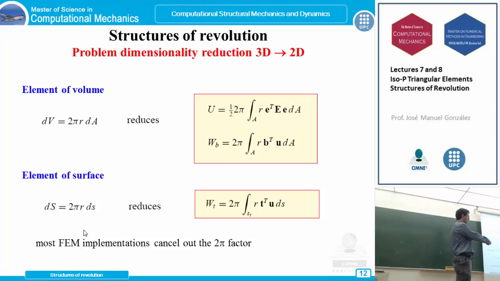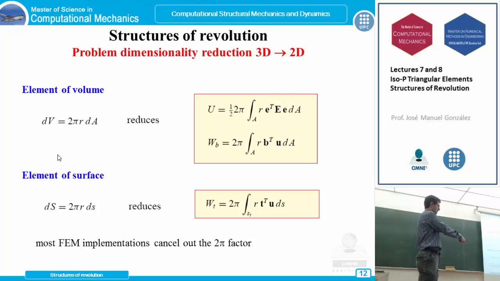In fact, what we are doing is trying to minimize the total potential energy, which is the difference between this internal energy and the external work. So we are minimizing a total potential energy, and this minimization leads us to an expression which is equal to 0.